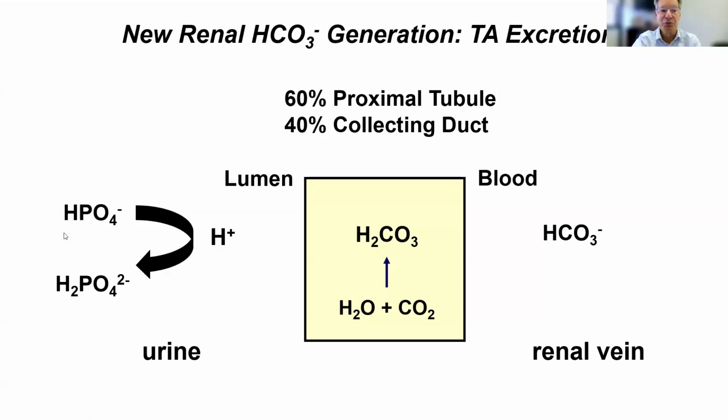So phosphate is also protonated, and it's protonated in the collecting duct, but that proton actually, when it's secreted, causes H2CO3 in the cell to break apart and bicarbonate is formed. And if the bicarbonate is sent across the other membrane and not the same membrane as the proton, you'll actually, every time a proton is secreted, create one bicarbonate ion that is then sent to the blood. So this is the second mechanism for new bicarbonate generation that matches your daily hepatic proton load.